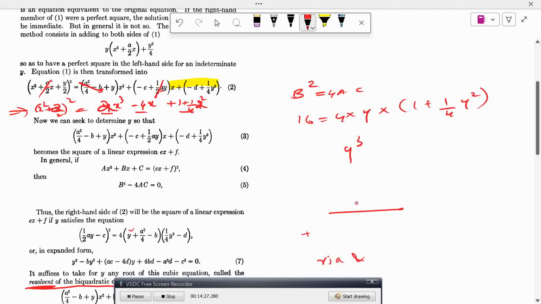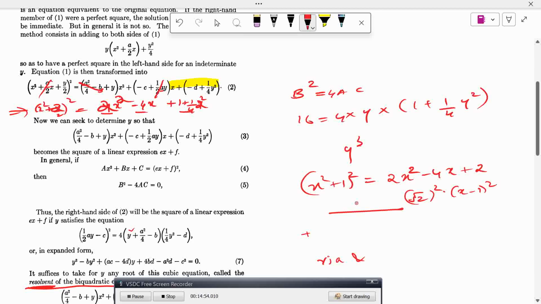You will get x square plus 1 whole square is equal to 2x square minus 4x plus 2. So this can be written as root 2 square into x minus 1 whole square.